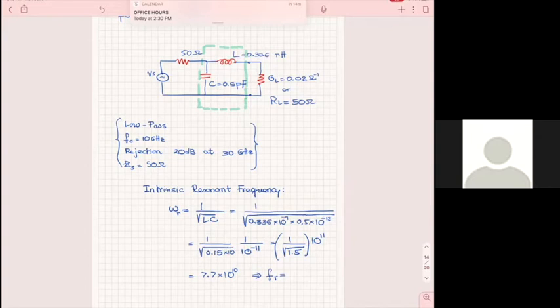I rounded it up to 0.15, and then times 10 is 1. So anyway, with my round-off error, I get 81.64, and then this is going to be 12.9 gigahertz.